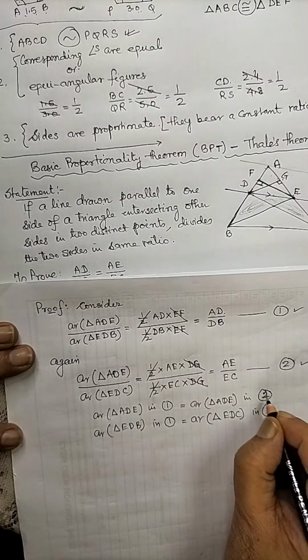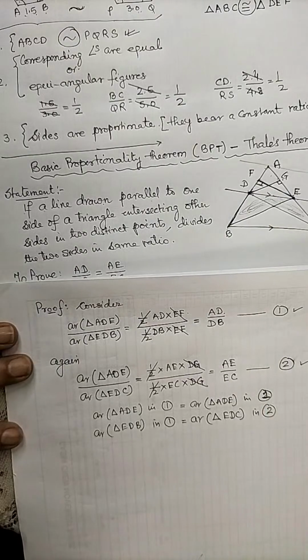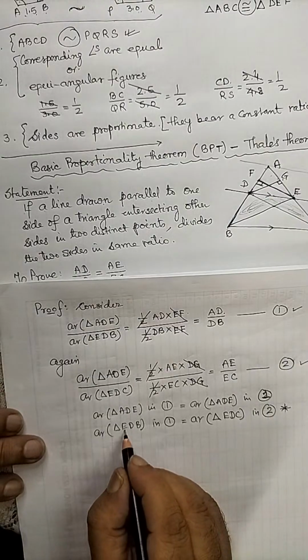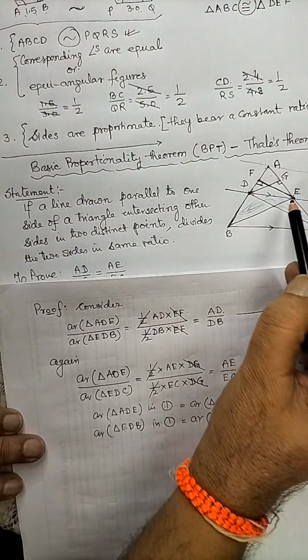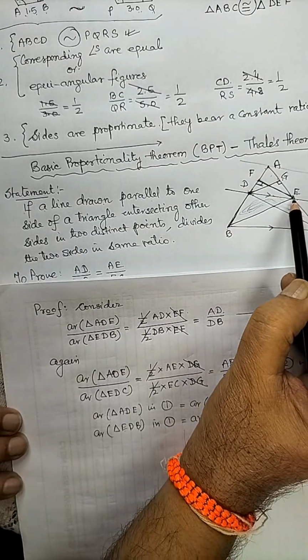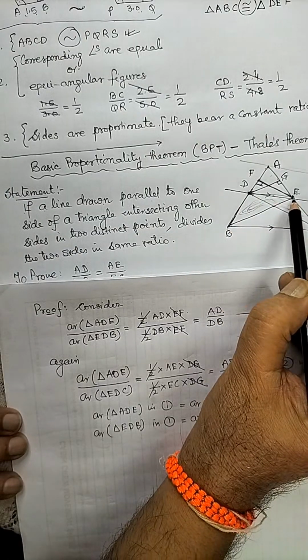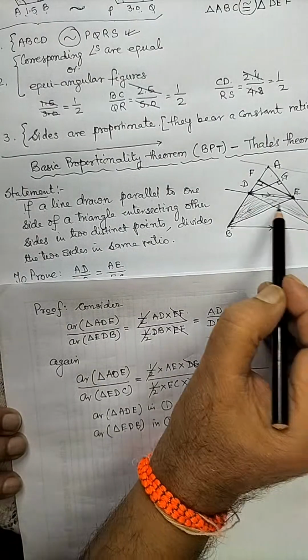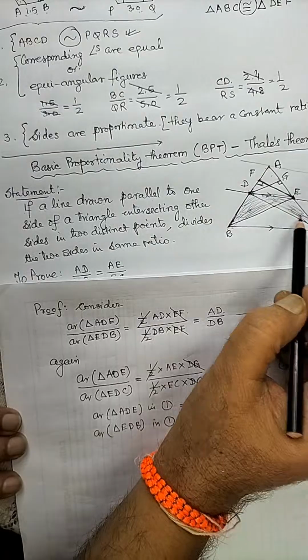Now see, this point is important here. This is EDB. Note it clearly. Triangle EDB. ये वाला triangle and ये वाला triangle, they are equal in area.